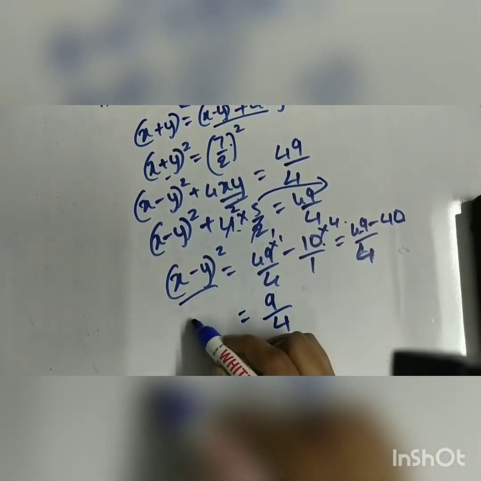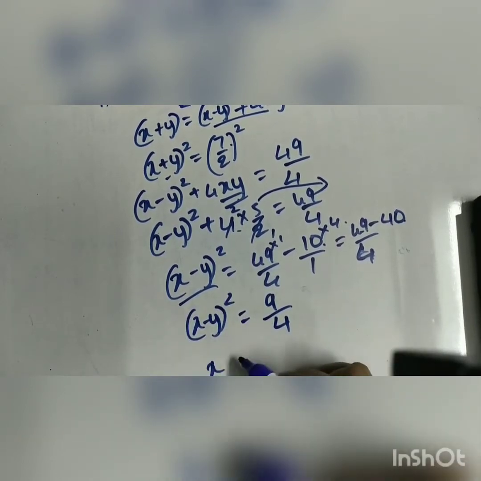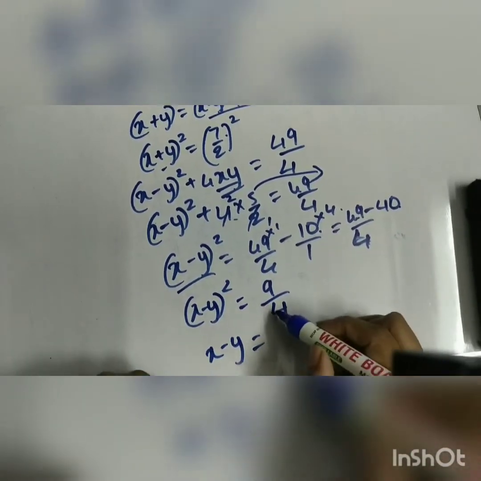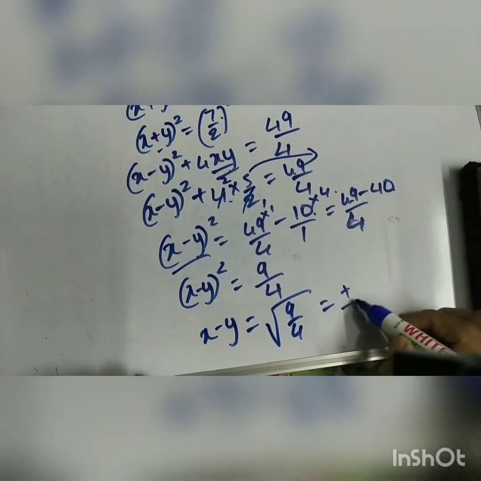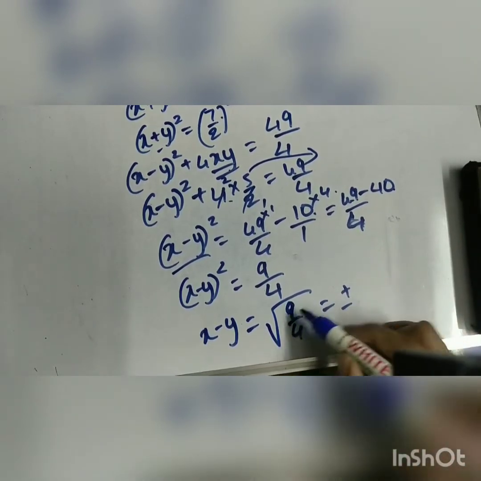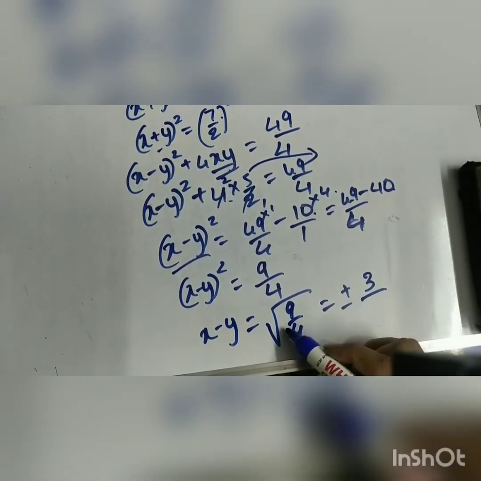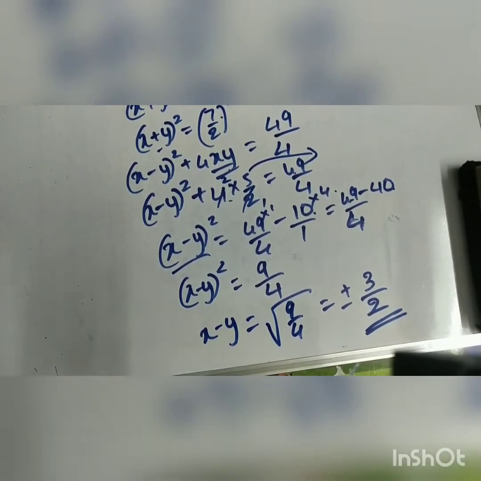This is the square value here. We have to just find the value of x minus y. So the square root of 9 by 4 will give me plus or minus, square root of 9 is 3, square root of 4 is 2. So this is the final answer.